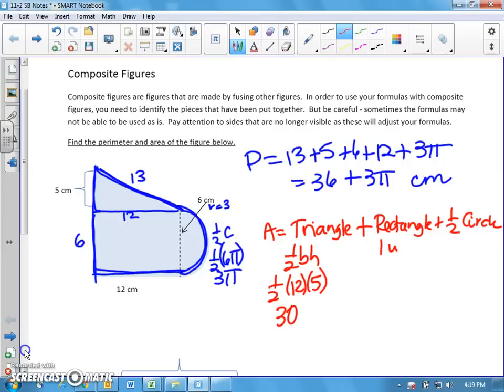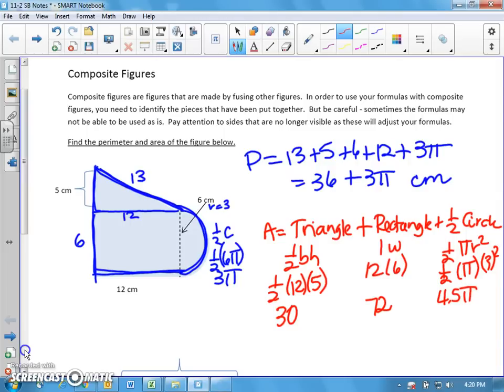The rectangle is length times width. So this is going to be 12 times 6, or 72 for the rectangle. The circle is 1/2 pi r squared. So my radius again is going to be 3. So 9 divided by 2 is 4.5 pi.